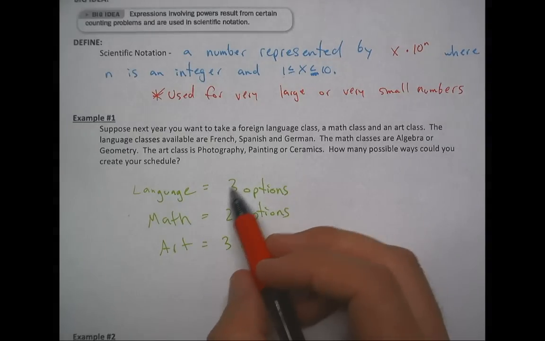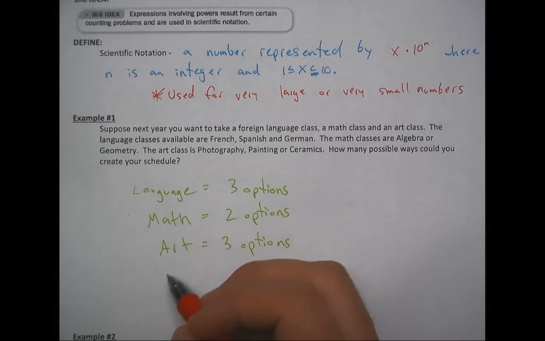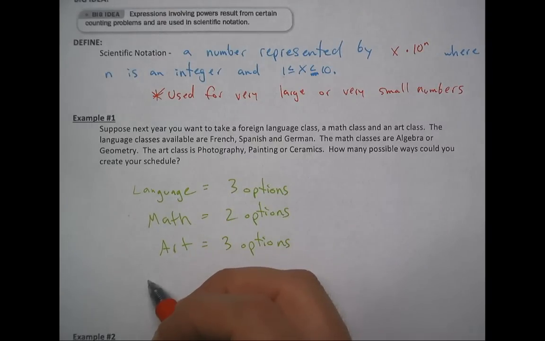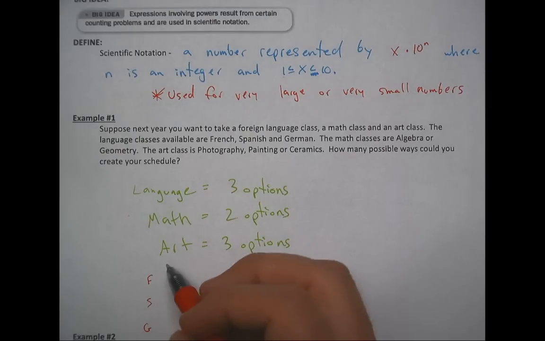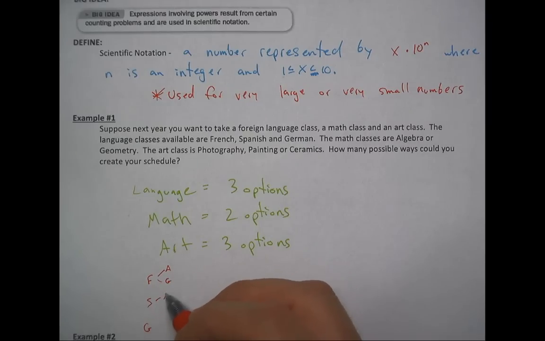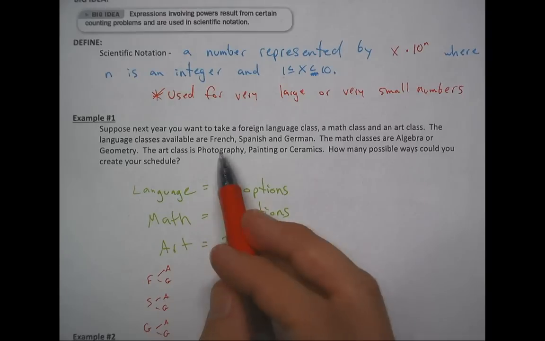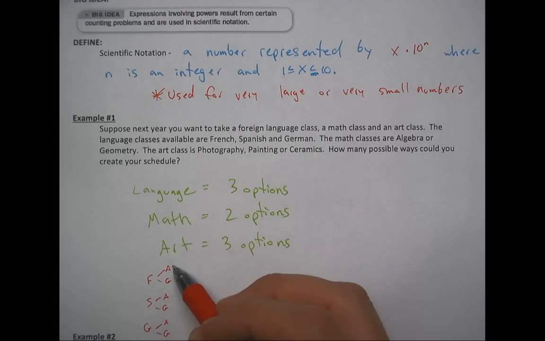Now you may have seen these in a tree form. So for your language classes, you could set them up: you've got French, Spanish, and German. And then from each one of those, you could go either algebra or geometry. Algebra, geometry, algebra, geometry. And then from each one of those, you've got 3 more choices: 3 here, 3 here, 3 here, 3 here, 3 here, 3 here.